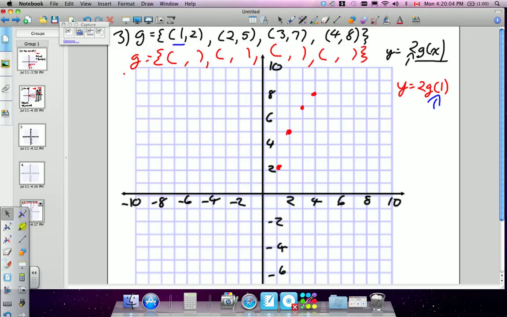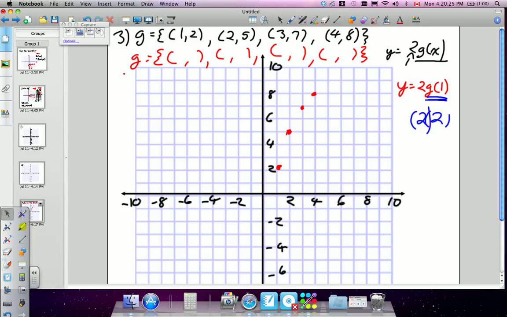Okay? What this has told us is g is equal to a value when x is a value. So when x is 1, our g value or our y value is technically 2. This gets a little confusing, but what they're trying to say is this now becomes the number 2, and we're going to multiply it by 2.